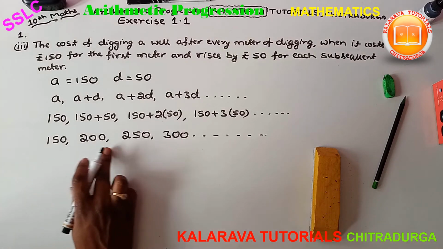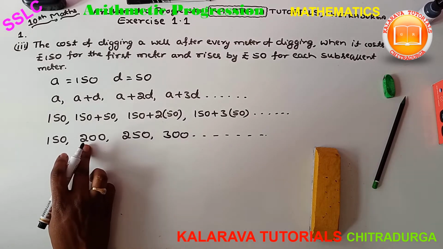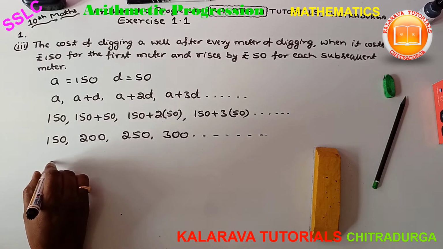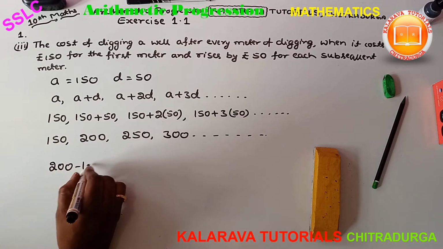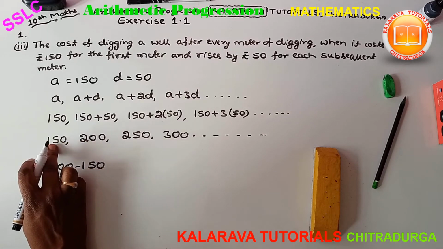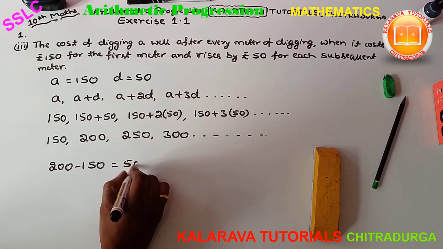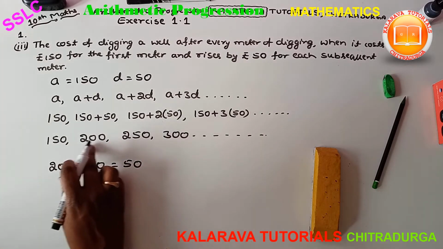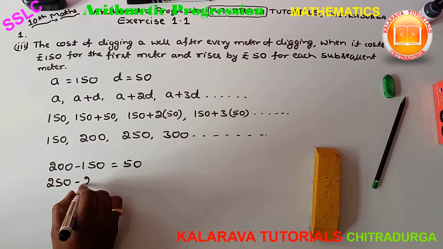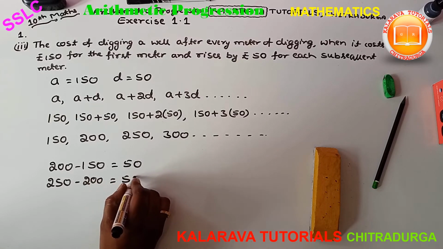Now we have to find the difference between these terms. The difference of the first two terms is 200 minus 150, which gives rupees 50. The difference between the third term and the second term is 250 minus 200, which gives rupees 50.